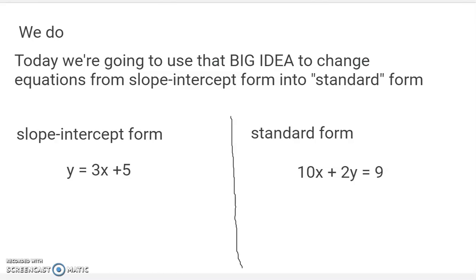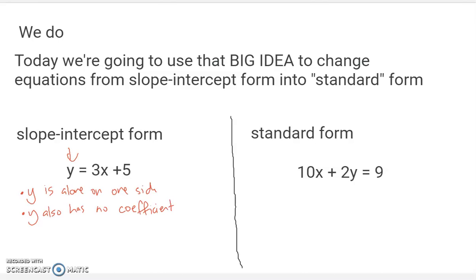So, facts to know. First, slope-intercept form. What do you need to know about that? Y is alone on one side. That's the first feature of slope-intercept form. It's always y equals. And there's also never 2y or 3y or negative 5y. So y also has no coefficient. If it does, you're not in slope-intercept form.